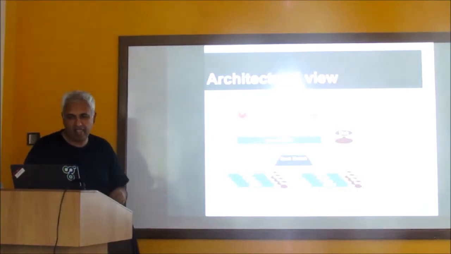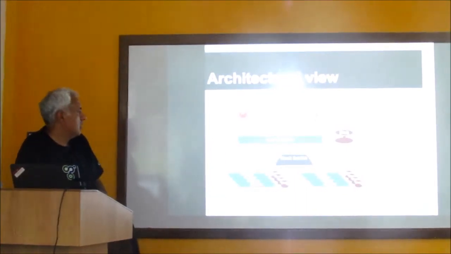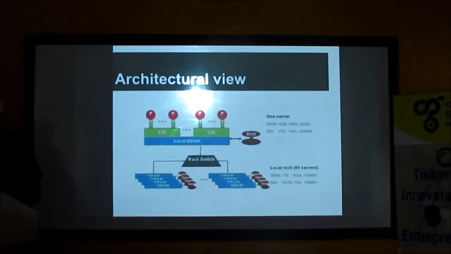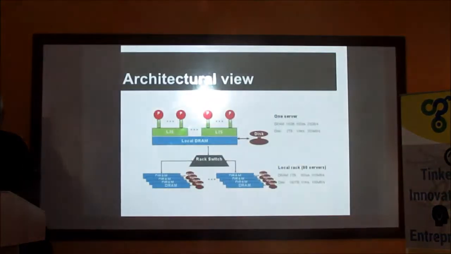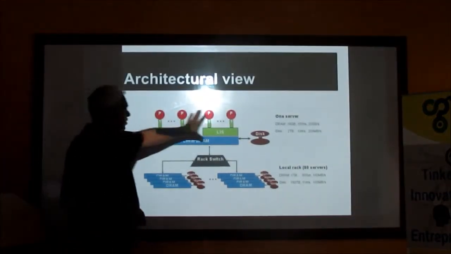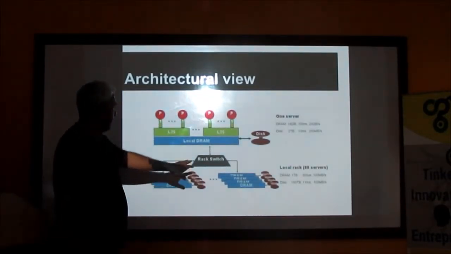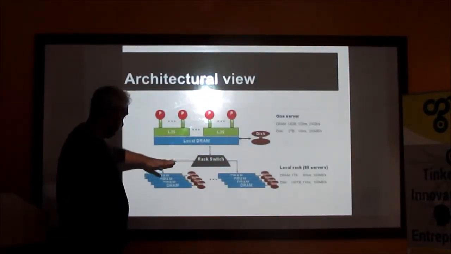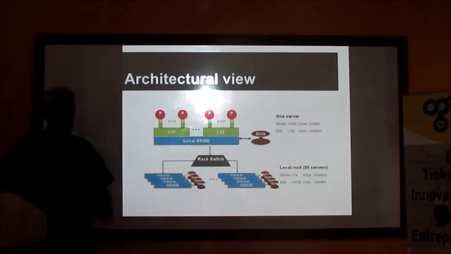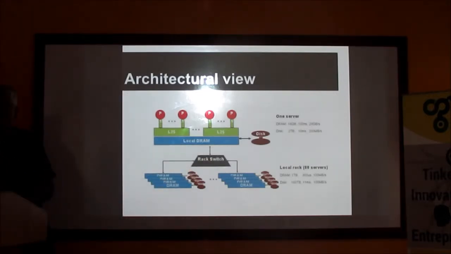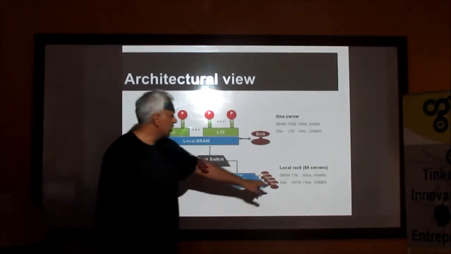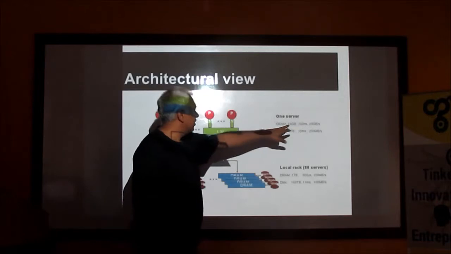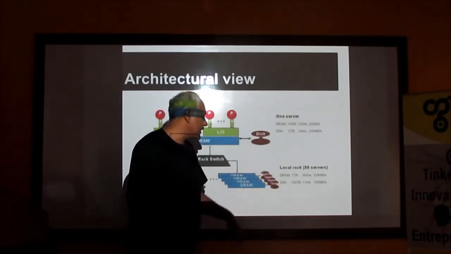Now, the next, so you saw the pictures of the racks. These are the racks that you have here. Now you have one of those servers, but on a rack, effectively, you have a whole bunch of them connected to a rack switch, like the network. If you look at the whole rack as a machine, suddenly you were talking about each server being 16 gigabytes, but now as a rack it has 1 terabyte.